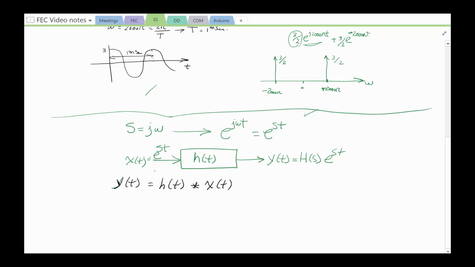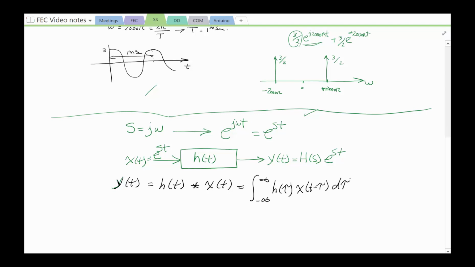I'll just take that x of t multiplied by h of t and get y of t. So here's the thing we're going to do. We say, oh, we remember that the convolution was the integral going from minus infinity to infinity of h of tau. Remember, we're moving x according to the way we wrote it. So x of t minus tau d tau.